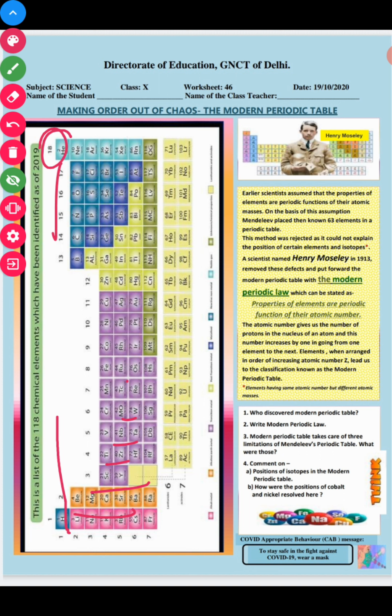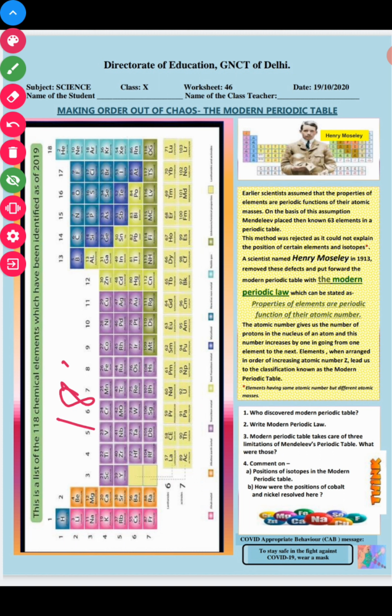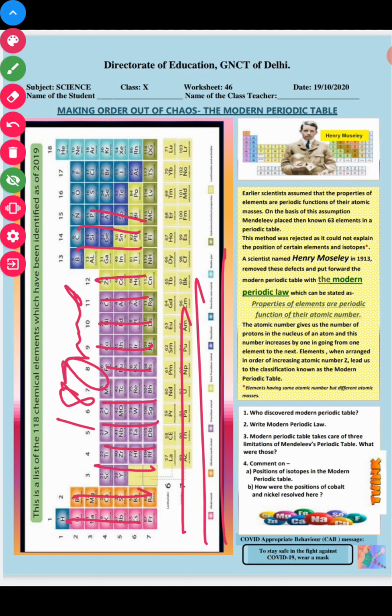And we have 7 rows, 1, 2, 3, 4, 5, 6, 7, which you can call periods. The 18 groups you can call columns. If we move from left to right, these are called periods. They are 7 in number and groups are 18 in number.